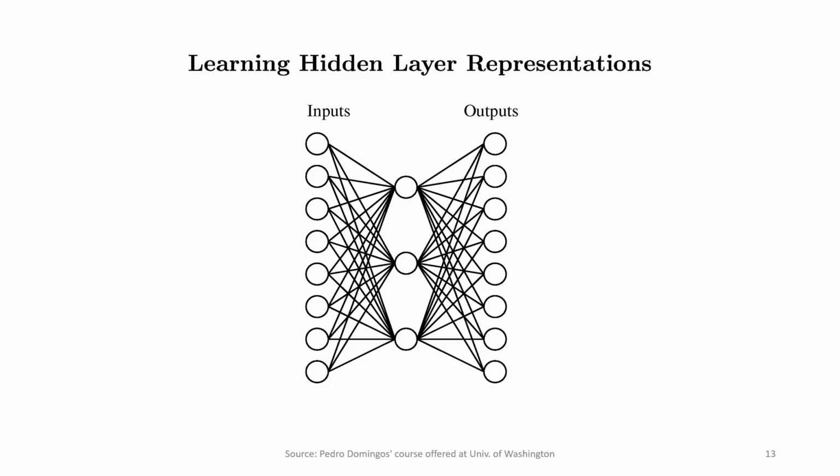The output is also constrained to be the same as the input, so we just want to reproduce the output from the input. But the challenge here is that there is a hidden layer in between which connects these inputs to outputs, and this hidden layer has only three units, three perceptrons.